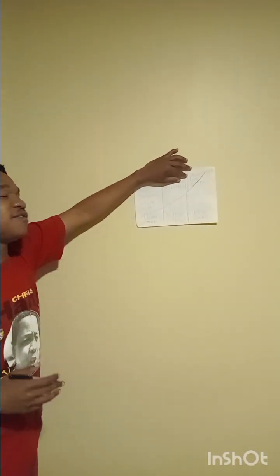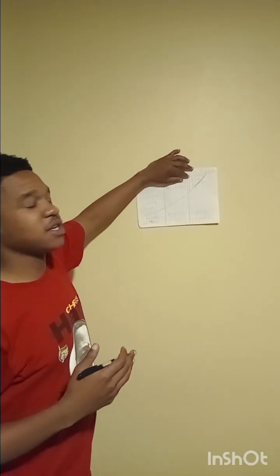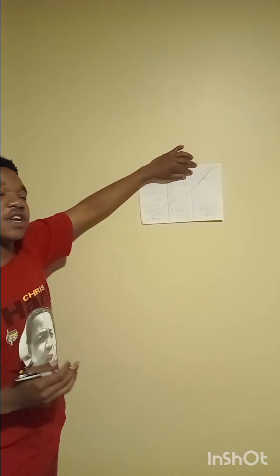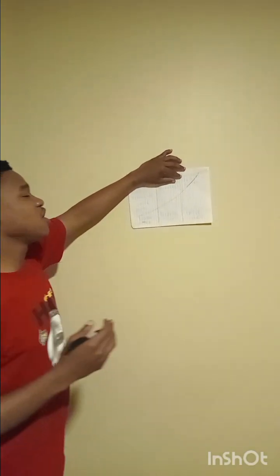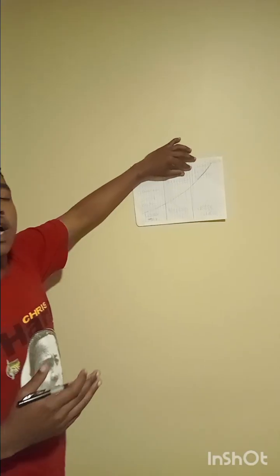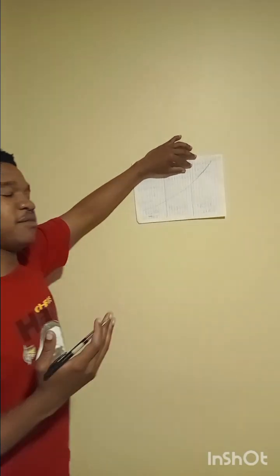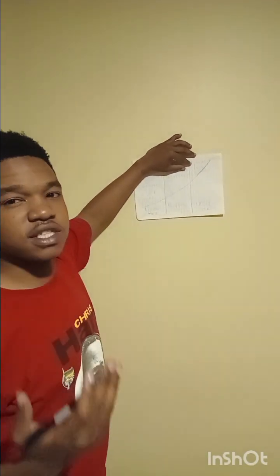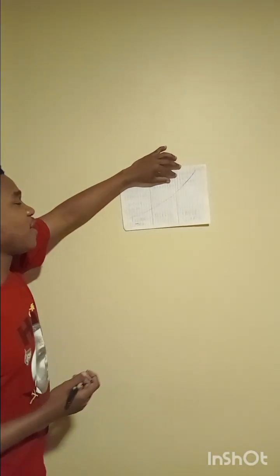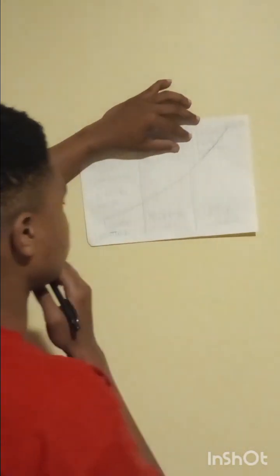A delta is a fan-shaped feature that is found at the lower course of the river. The delta connects the river to a larger body of water. Mainly, we can name them as the oceans, the seas, and the dams. These are found at the lower course of the river.